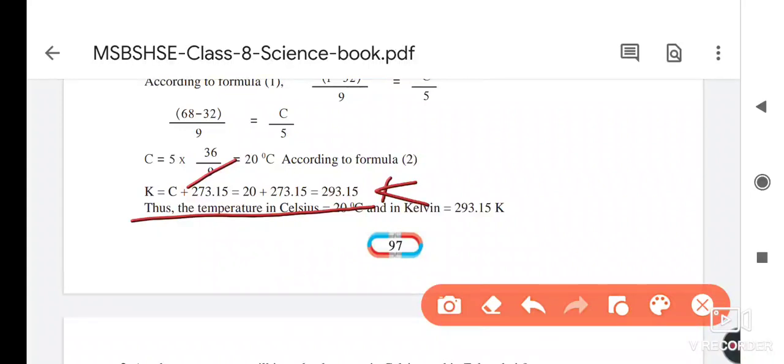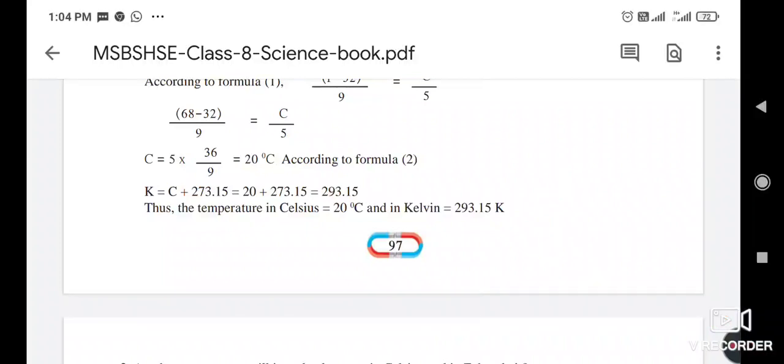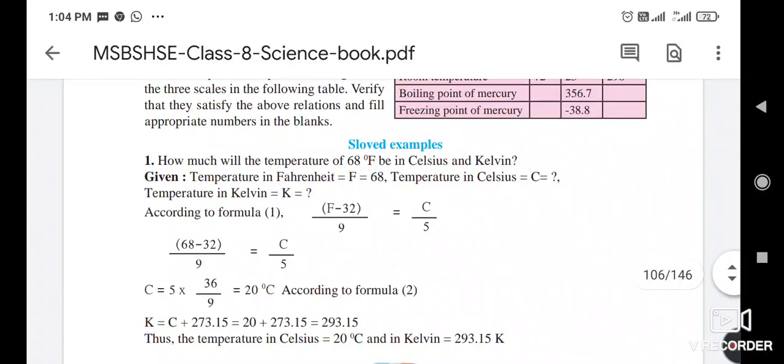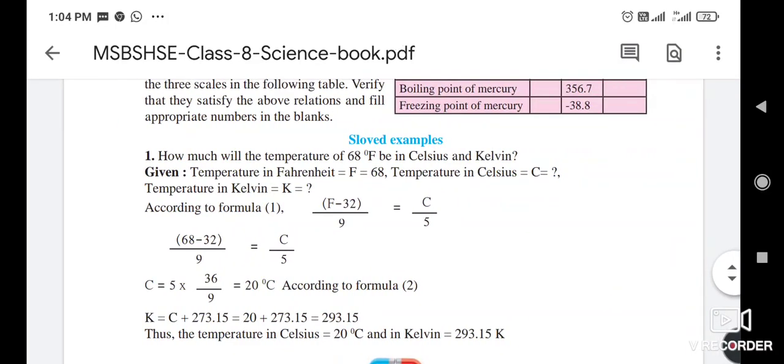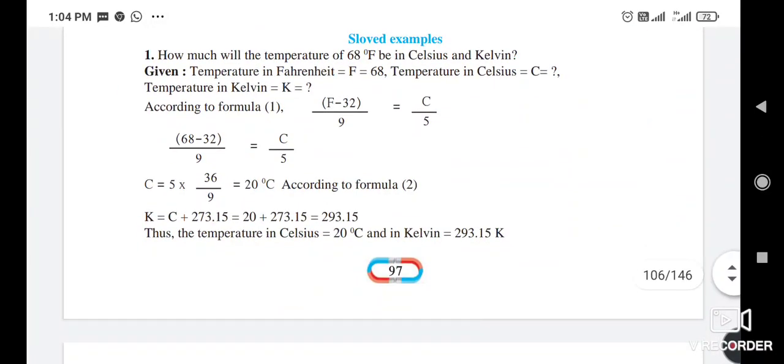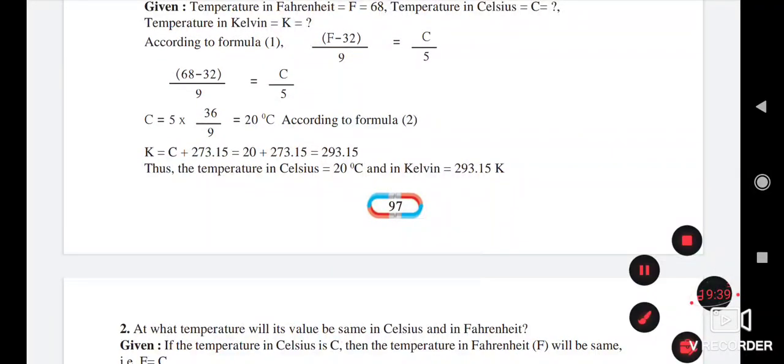So we used both formulas to get the temperature in Celsius and Kelvin. So students, today we will stop here.